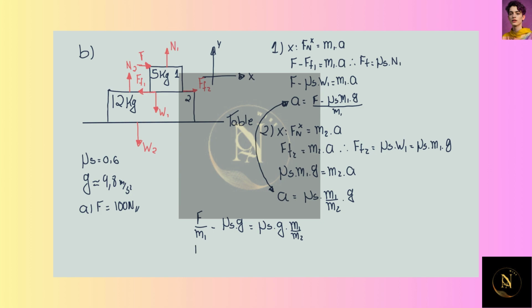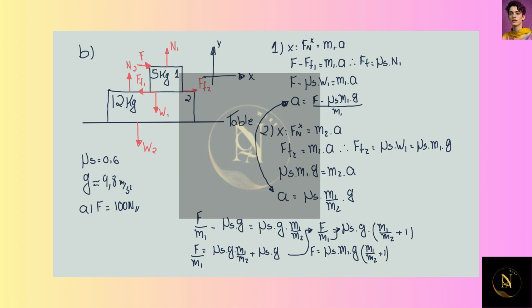Then F divided by m1 is equal to mu static times g times m1 divided by m2 plus mu static times g. Then we can factor out mu static times g, and finally send this term to the other side. So the force is mu static m1 g times m1 divided by m2 plus 1.